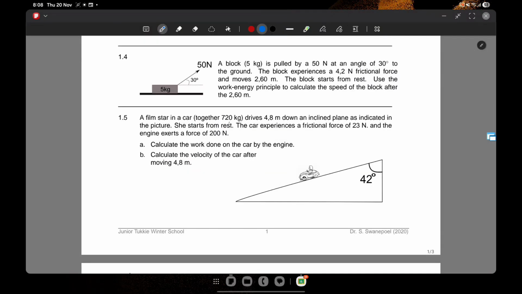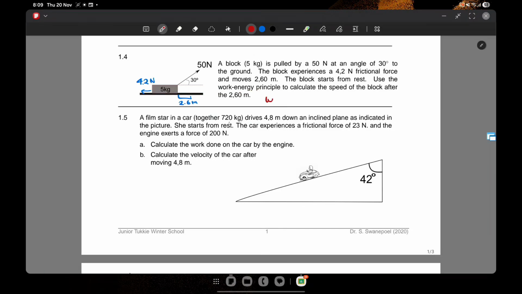Alright, so 1.4 is saying that there is a frictional force of 4.2, and the rest you can see, it's being pulled with 50 newtons, the mass is 5 kg and it's at a 30-degree angle. It moves 2.6 meters. Now, what's the speed of the block? There's an important phrase I'd like to highlight, the work energy principle.